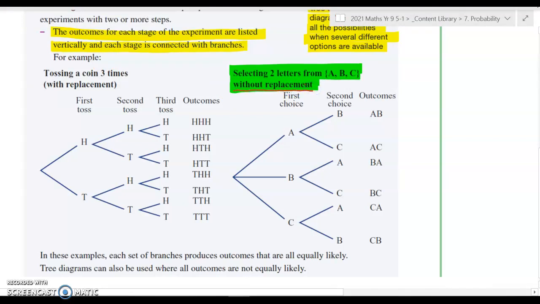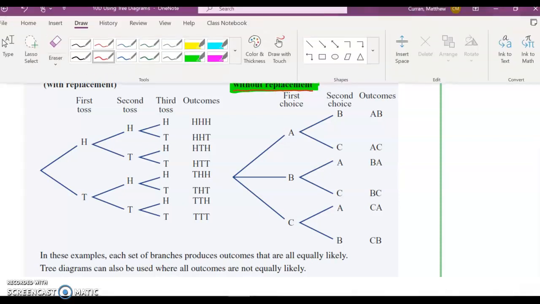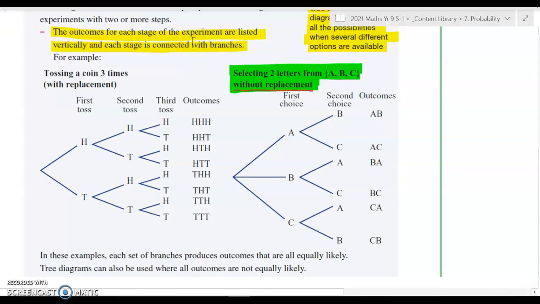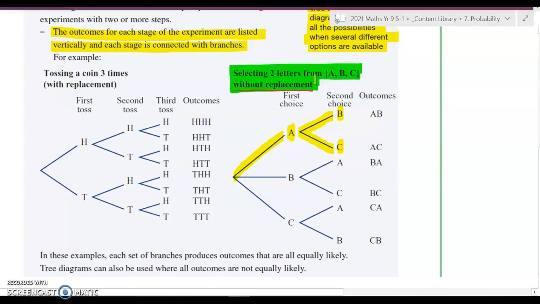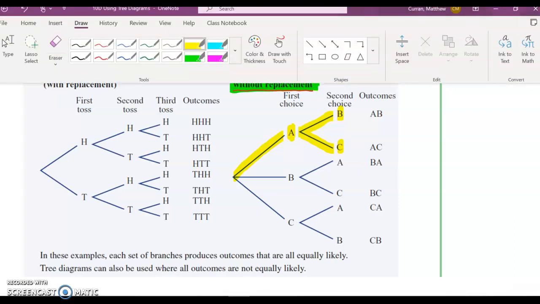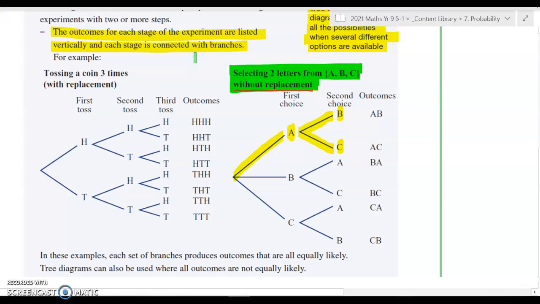If I choose A to start with, then you'll see that on the second choice there is no A because it's already been chosen. That's what without replacement means. When we choose the first one, we're not putting it back before we choose the second.